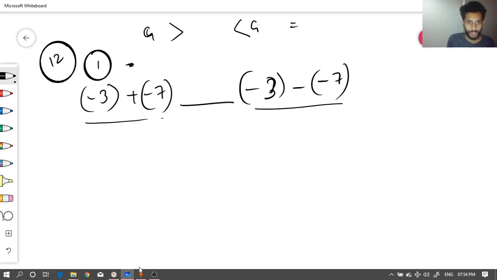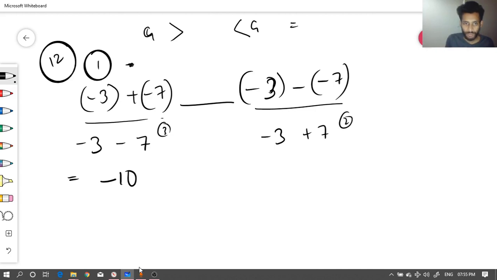So when we solve this, it will be minus 3, then here it is minus 7. Both have minus, so we will be using the third formula. So 10 minus. So here minus 3 plus 7. One is minus, next one is plus. So we'll be using the second formula. Second gives you 4 and the result will be plus.